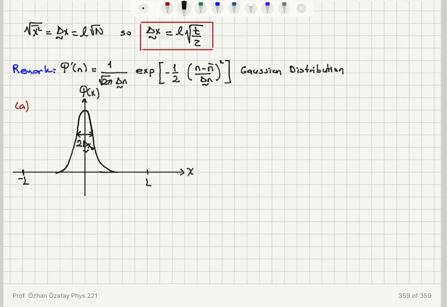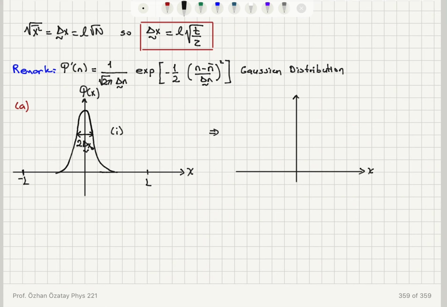So this is in part I, and then if I wait a little bit longer, you can see that the delta x tilde is increasing. So after this we're going to see another distribution, so we can sketch this one.